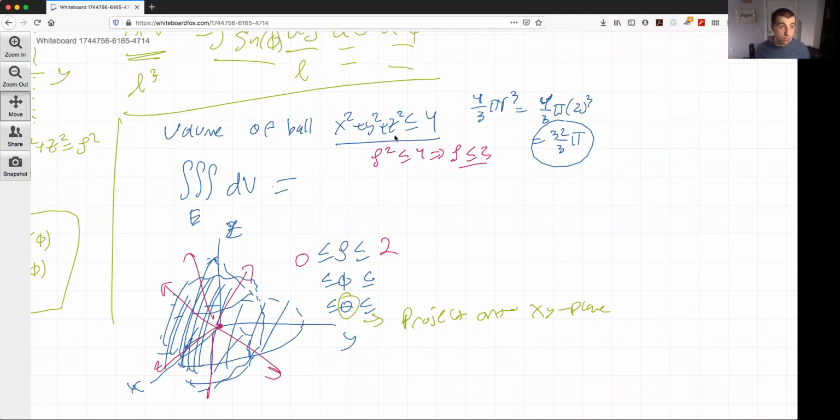I just project that down, or I just take a look at it from the top. And looking at it from the top on the xy plane, it is just a circle. If I look at a ball from any side, really, it's going to be a circle. But at least here, I know I'm looking at it from the top, and so I project that down.